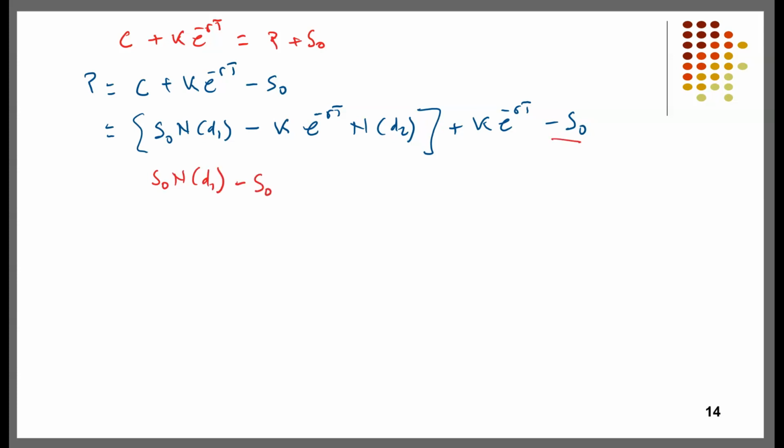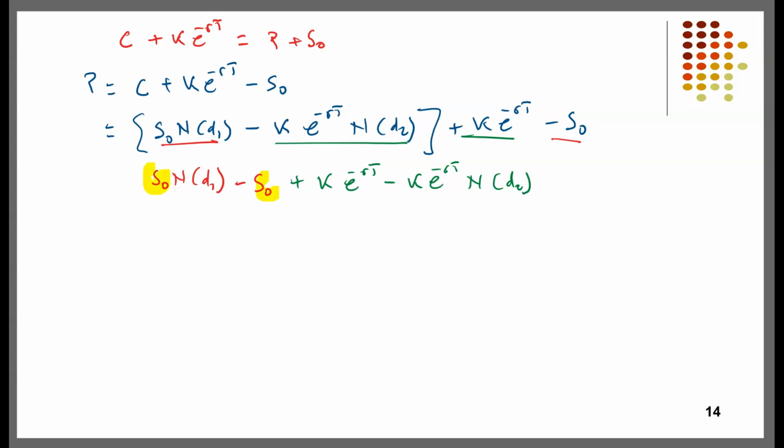Then we have plus K present value minus K present value, and then N(d2).